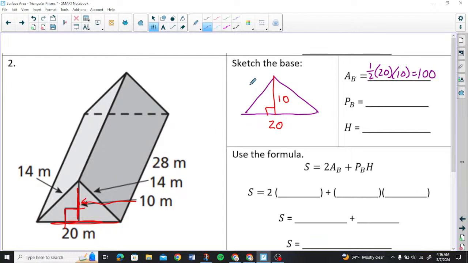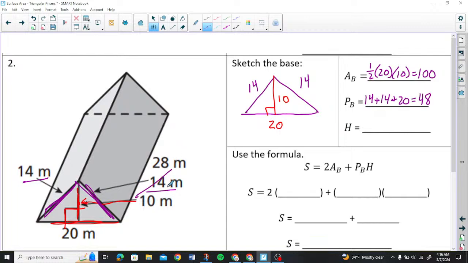For the perimeter, we need to find the other numbers that are on the triangle, which are 2 14s right here and right here. These sides, that side and that side are both 14. So we go 14 plus 14 plus 20. Again, remember, 3 sides to a triangle, so 3 numbers being added. 14 and 14 is 28, plus 20 is 48.